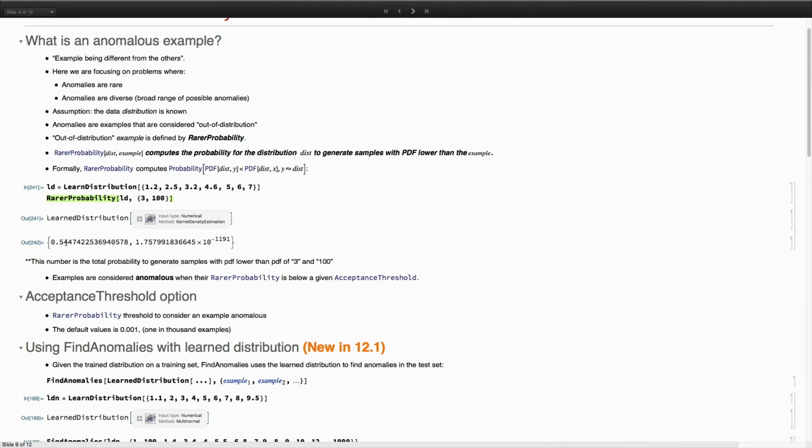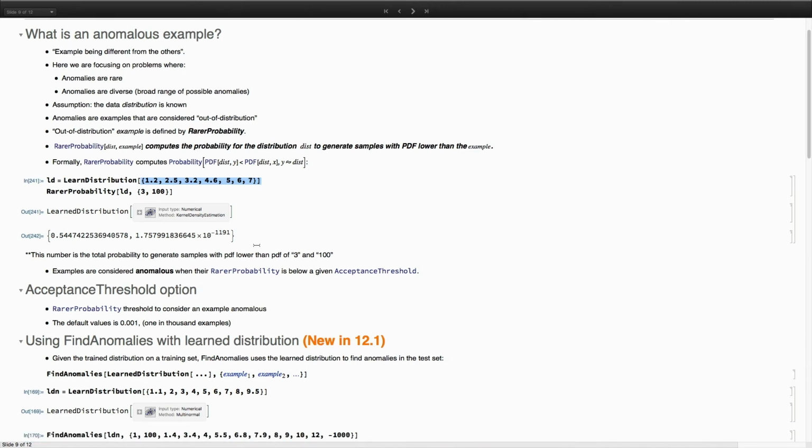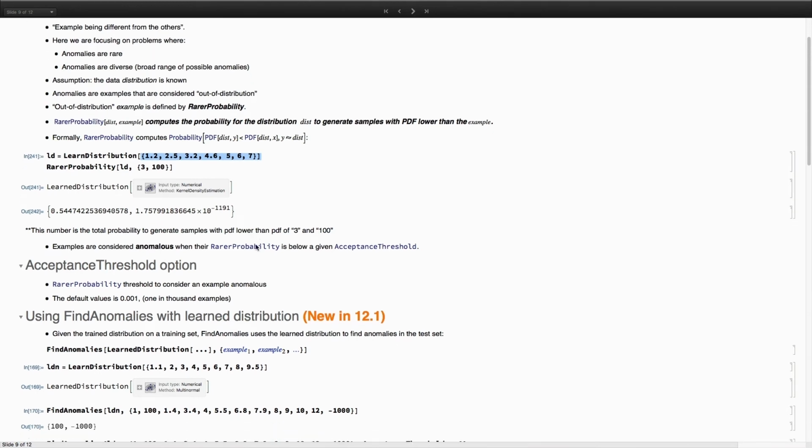It's 0.5 to have samples generated by this distribution. And then 100, which is far away, as you can see from these training sets, you would get a very tiny rarer probability for that.